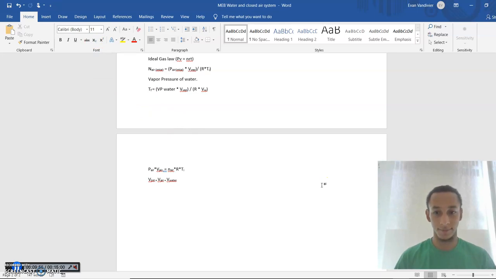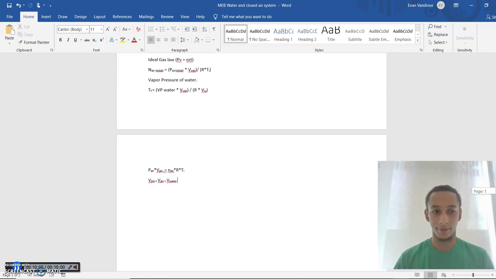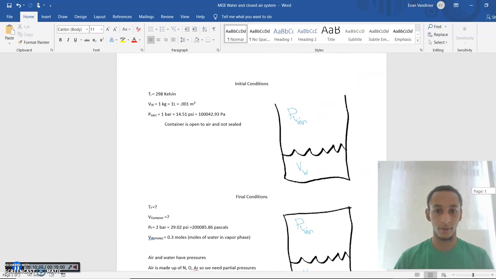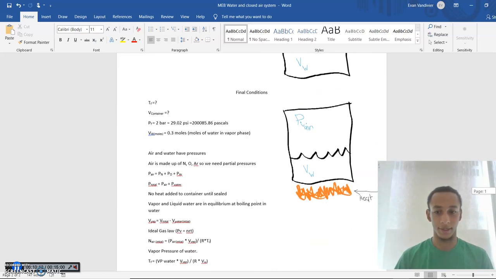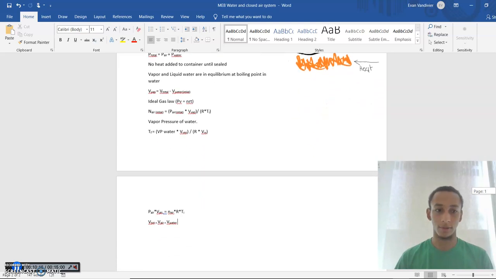And this should be the same as V total minus V water. Or no, V vap plus V water. And that is all I have about the first concept of a closed system and how to get the unknowns by using multiple equations and relating them.